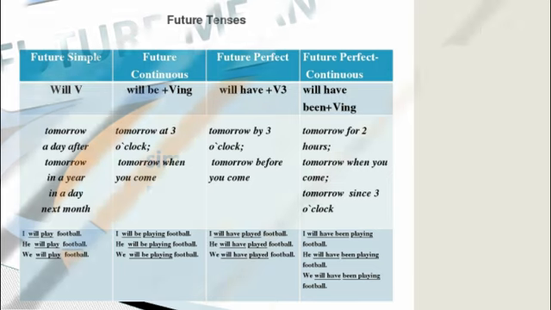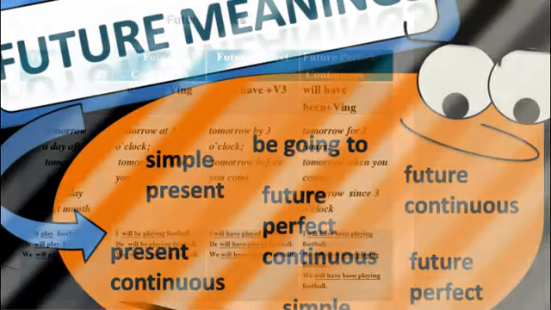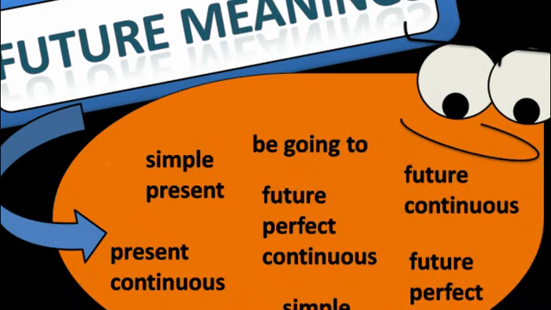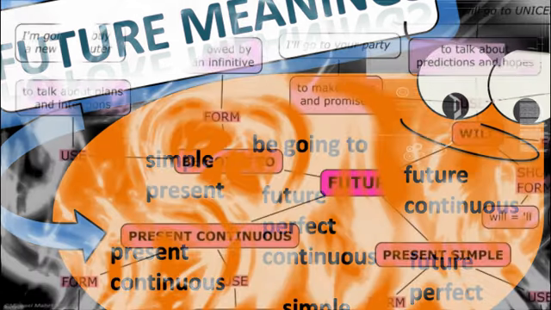They are widely used in the English language. Dear students, another slide demonstrates to us the future meaning and the processes which are related with the usage, for example, simple present, be going to, future continuous, future perfect continuous, and the actions like to be, which are related with to be going to as well.